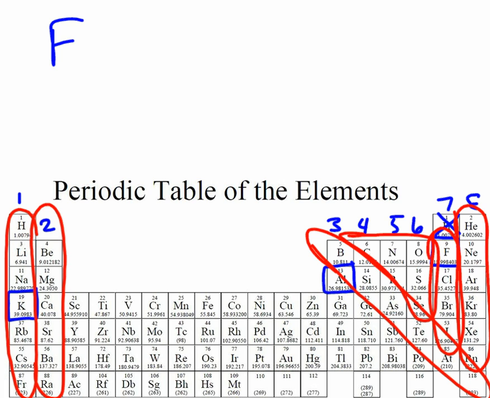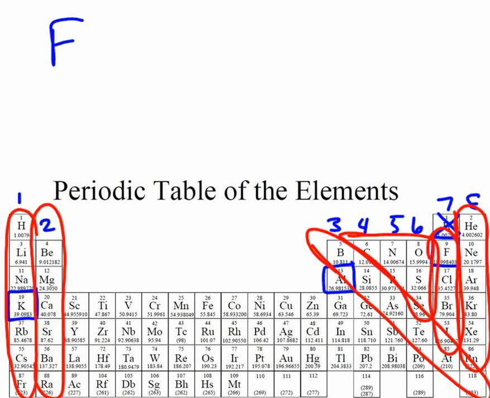Those are the only ones I'm going to have you give me a Lewis dot structure, a Lewis dot diagram, for. Transition metals, poor metals, the lanthanide and actinide series, don't even worry about them. Again, Lewis dot structures for alkali metals, alkaline earth metals, metalloids, nonmetals, halogens, and noble gases. Those are the ones we want.